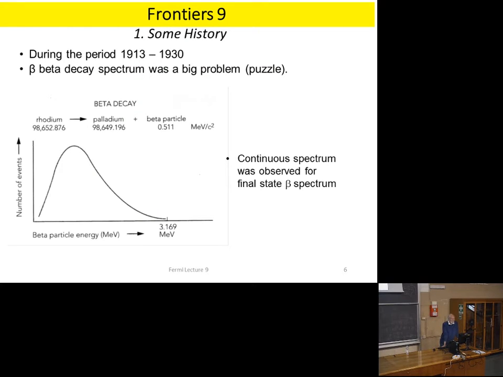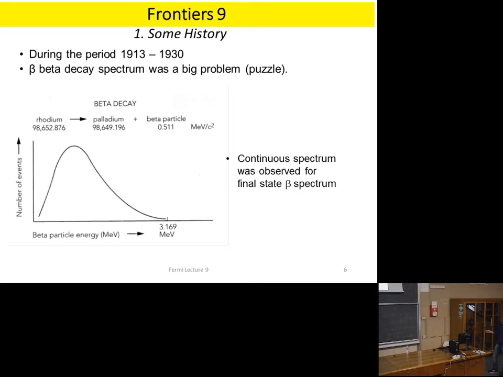And that is, the history goes back to the 1930s, or even before, when there was a mystery. And that mystery is that in a well-known phenomenon, just beta decay, a decay of a particle that gives off electrons, the electron spectrum that was observed, which is shown here, is continuous.